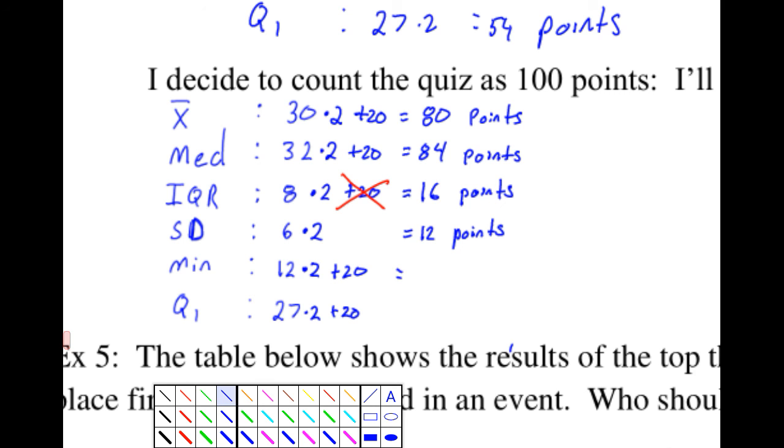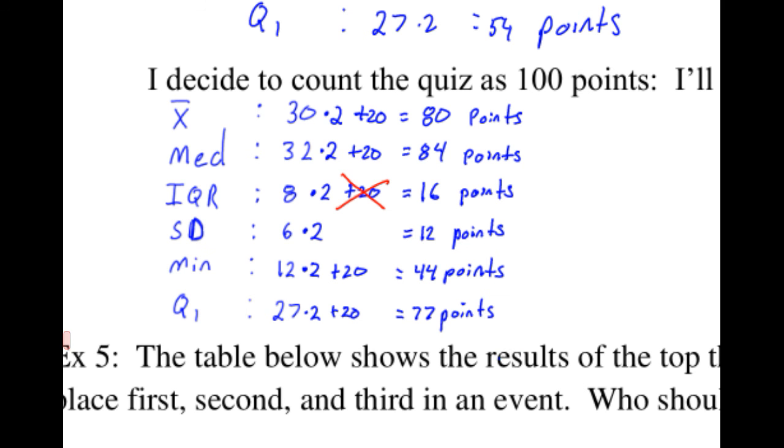So our minimum becomes 2 times 12, which is 24 plus 20, 44 points. And our Q1, 27 times 2, 54 plus 20, 74 points. And there we go. That is how we shift and scale summaries.